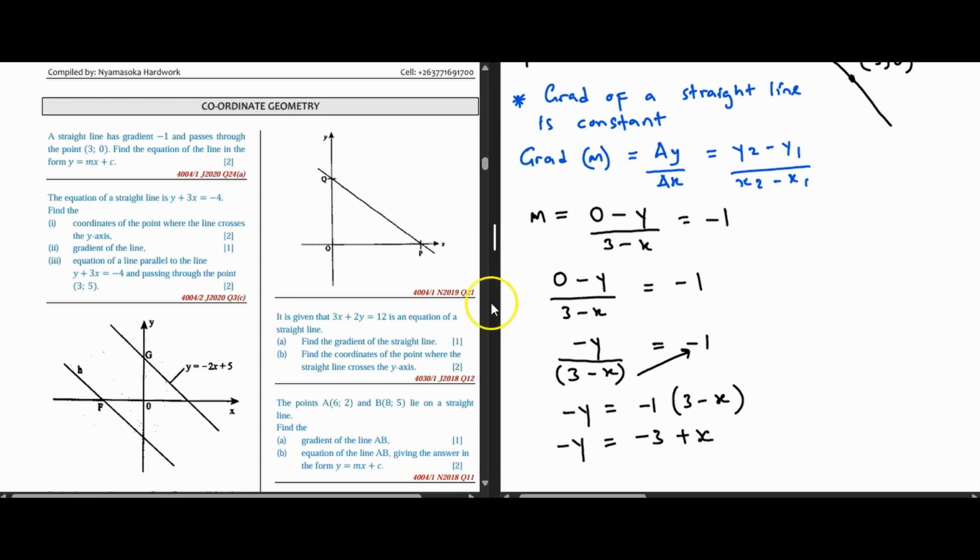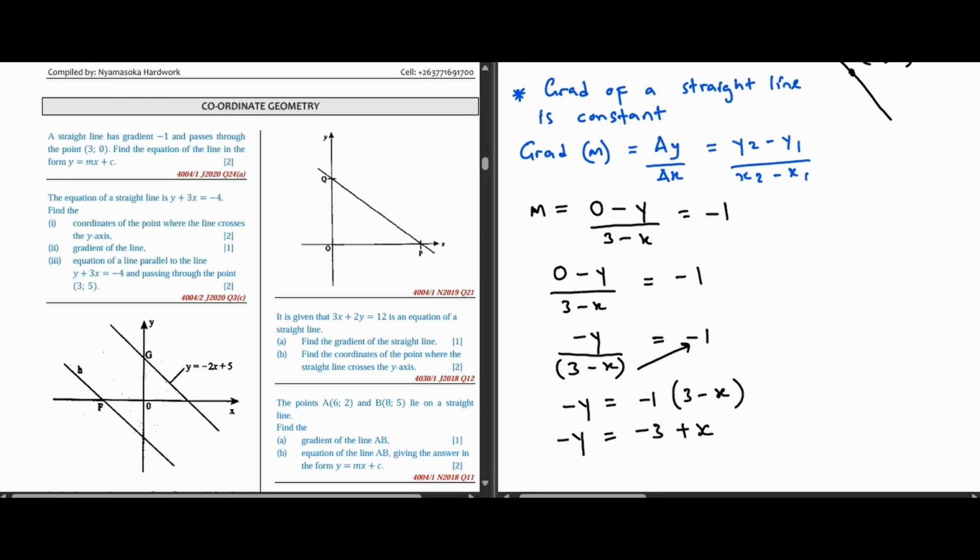But question yedu yati kudini, yati find the equation of the line in the form y is equals to mx plus c. Saka we should keep it in this form. What does it mean? Tinofanga kuva na y kunoku, not minus y is equal to, then totangana x tozopesera ne constant, kuti ive y is equals to mx plus c.